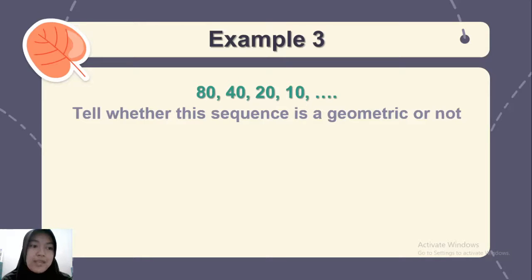Let us prove it by getting the ratio of each term. So, r is equal to a sub 2 divided by a sub 1. Our a sub 2 is 40, and our a sub 1 is 80. So, 40 divided by 80 is equal to 1/2.